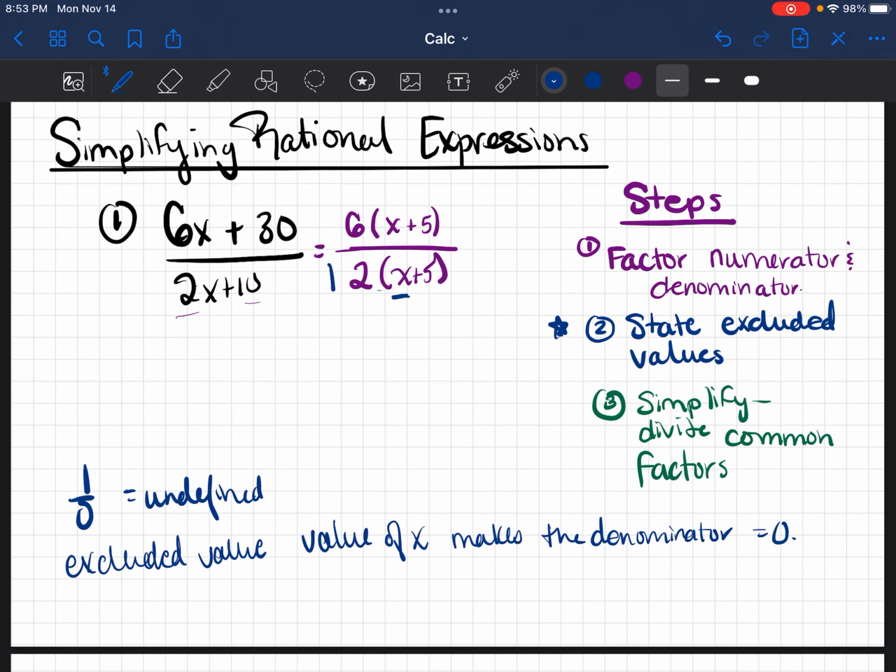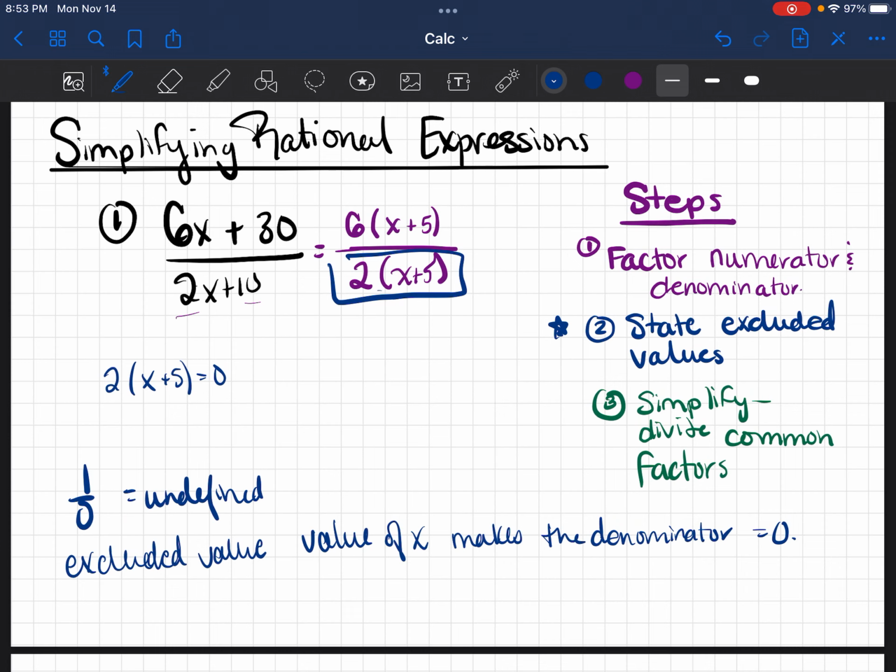So I'm looking at the denominator here, and I want to think what value of x makes this equal to 0. One, I can inspect and just see what number would have to go here to make this equal to 0. And if I can't see it immediately, I can go ahead and just write an equation and say 2 times x plus 5 equals 0.